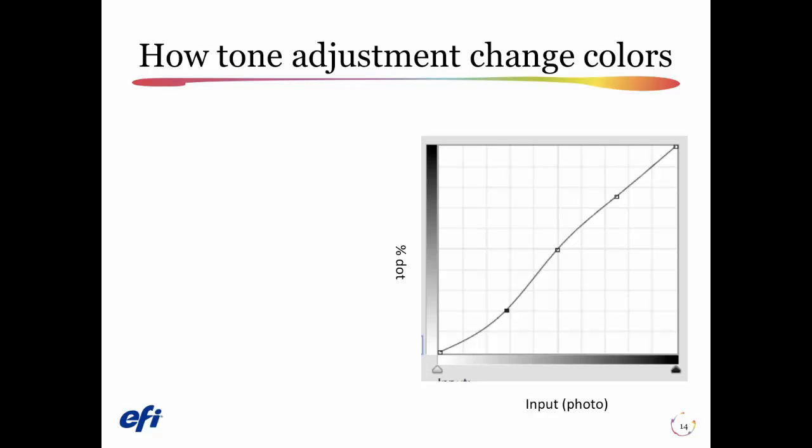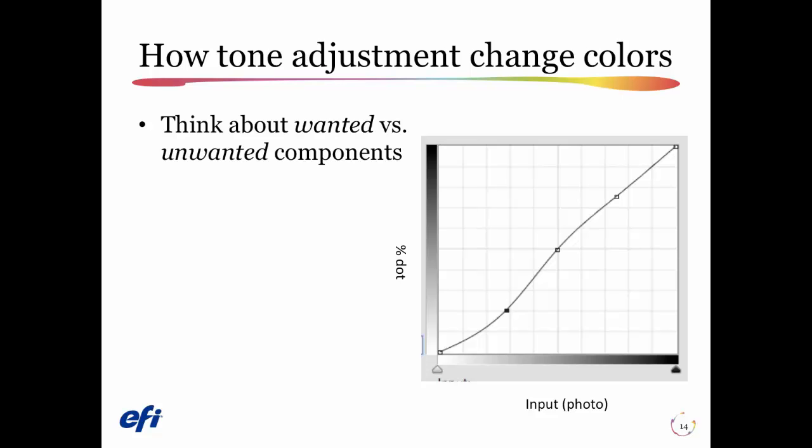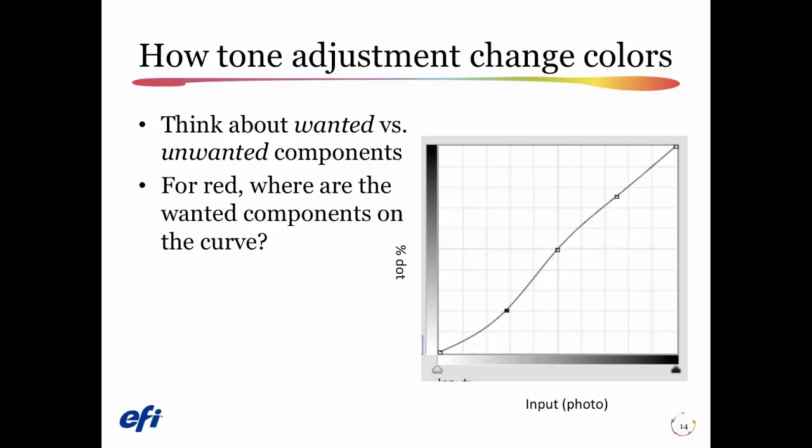Now let's think about a saturated color. Let's take our example about a saturated red. A saturated red is defined as a color that has a certain ratio of wanted to unwanted components. Specifically, it is high in wanted components and low in unwanted components. So for red, where are the wanted components on the curve? And I'll remind you so you don't have to go back.